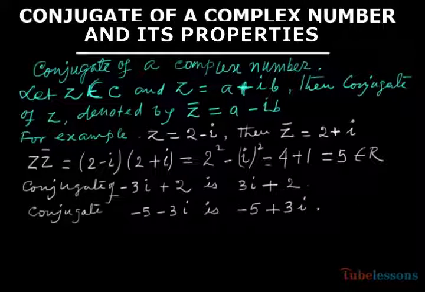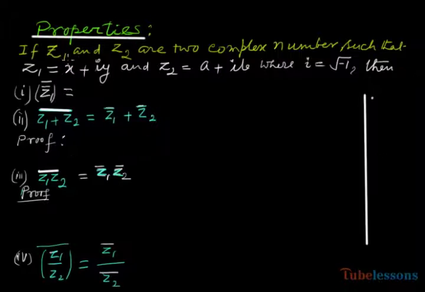Now we'll discuss the properties of conjugate. Here we are taking two complex numbers Z1 and Z2, where Z1 is equal to x plus iy and Z2 is equal to a plus ib, and i is root over minus 1.